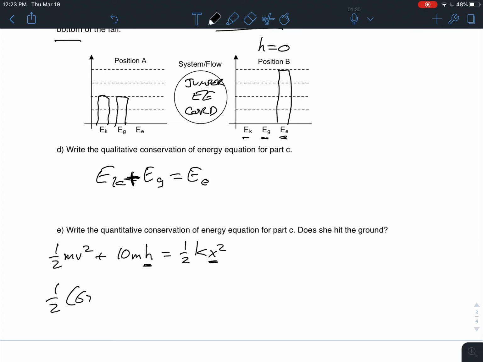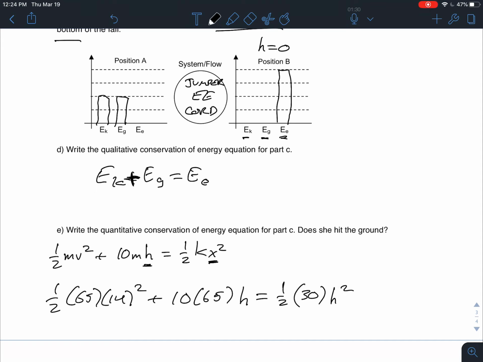All right, so I'm going to put some numbers in. 1/2 mv squared plus 10 mh is equal to 1/2 k, k was 30, times, and then instead of writing an x here, I'm going to write an h squared, since those are the same.